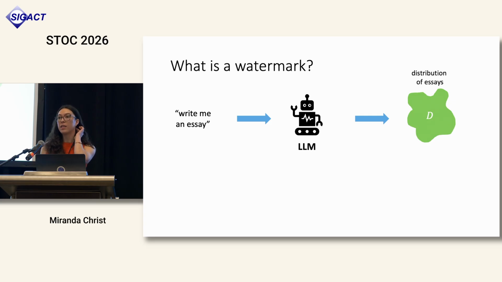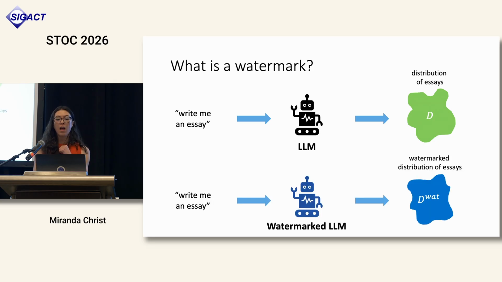Importantly, these algorithms are highly randomized. You can ask for an essay over and over again, and every single time you'll get a different essay. What a watermark does is change this model to sample essays from a slightly different distribution. So the watermark simply changes the distribution of essays that the model samples from.